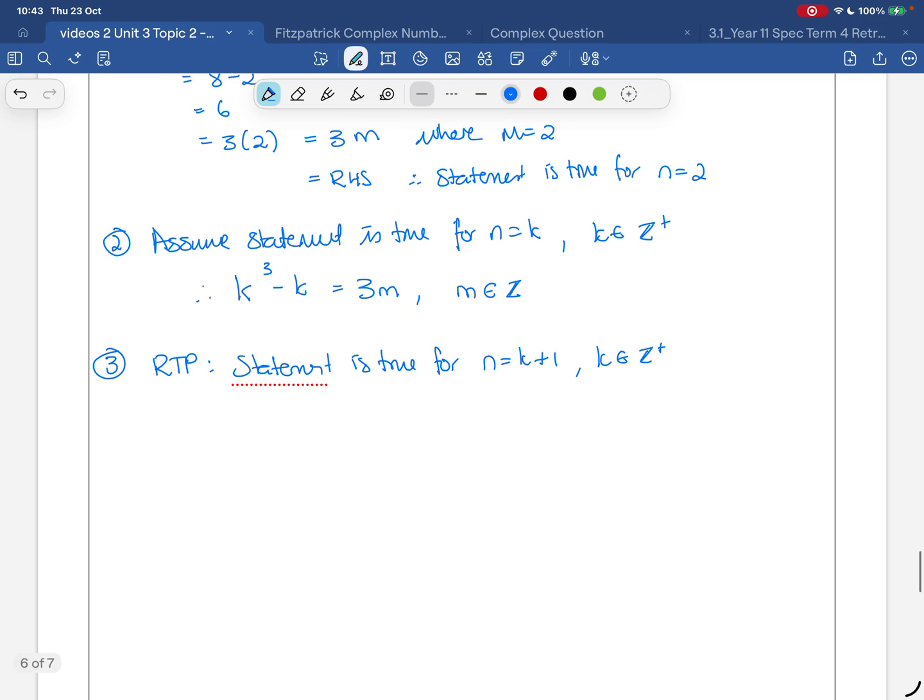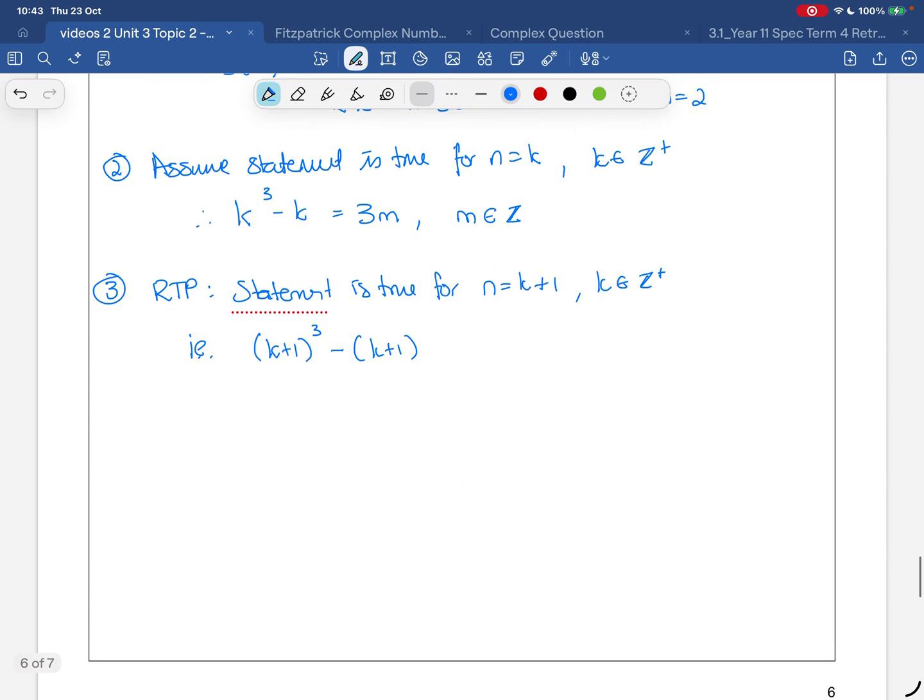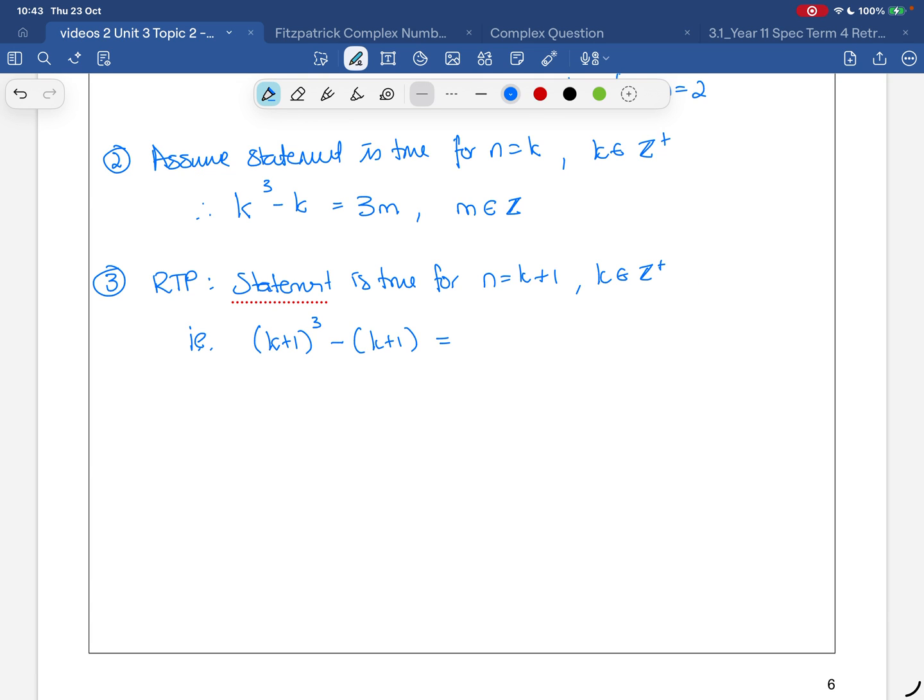So now, let's try and make a little bit of sense of what we're looking for. In other words, what we're looking for is k plus 1 cubed minus k plus 1. So for every n, I'm putting in a k plus 1, must be equal to 3 times, and I'm going to choose another letter because it's not going to be m anymore, 3 times a different number, but it still has to be an integer.